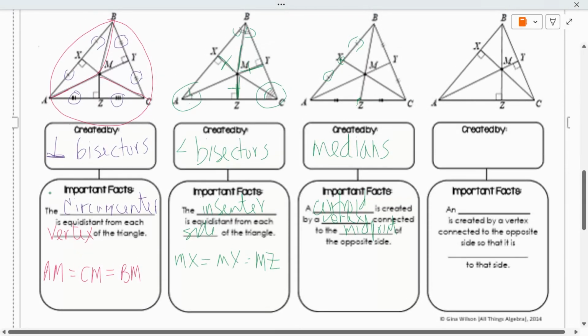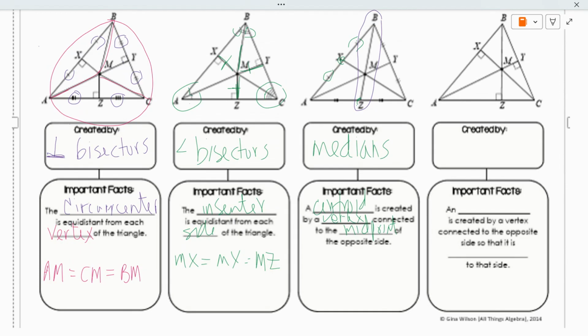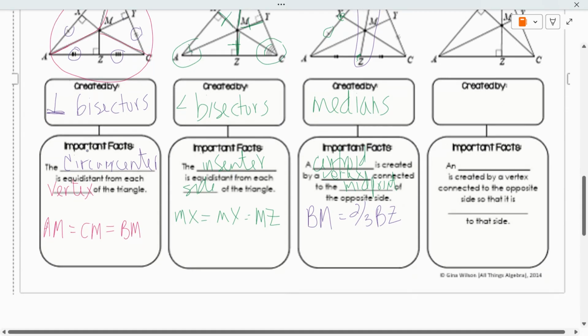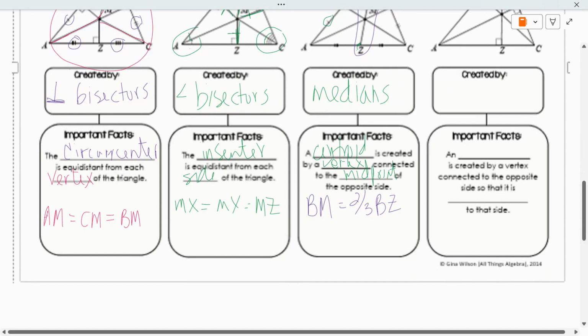So remember, there are some special things. I'm just going to use this segment right here to talk about it. I know that BM equals 2/3 of the whole segment, BZ. I know that MZ is 1/3 of the whole segment, BZ.